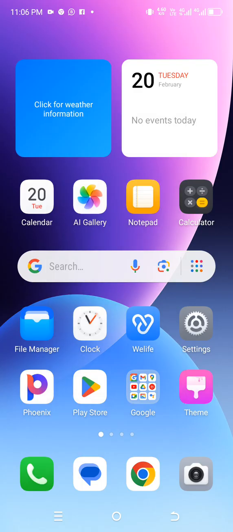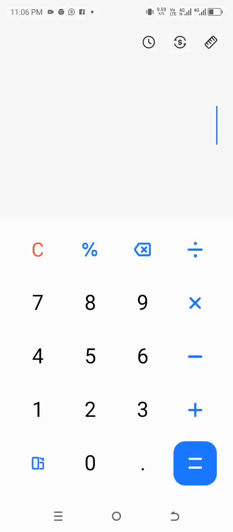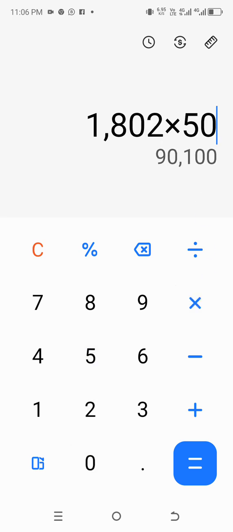Okay, so we are right here on our calculator. We want to make the calculations. Let's say 1802 times 50 is going to be 90,100.